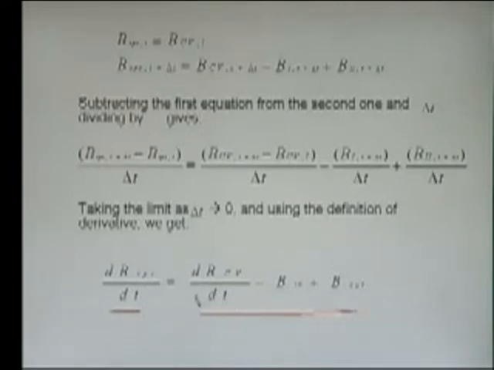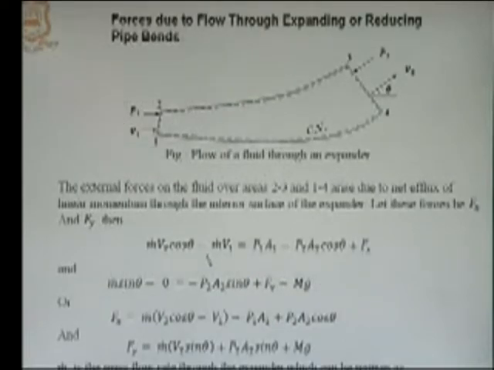Since flow is a steady flow, this term will become 0 and we are left with these 2 terms, and these 2 terms may be written for the given problem as minus momentum going inside, so mV1, plus momentum going outside in x direction, so mV2 cos theta.